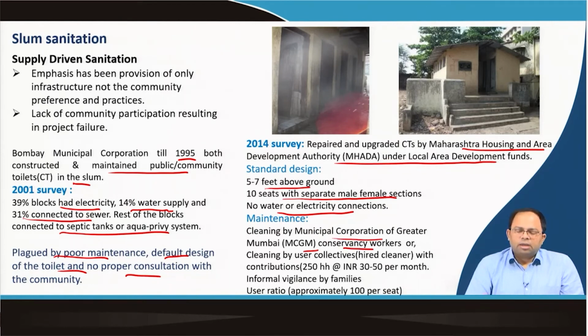So, it is done by the government, or by user collectives or hired cleaners with contributions from the community, like 250 households contributing 30 or 50 rupees per month, and vigilance is done by the families, and usually we find around 100 users per seat.